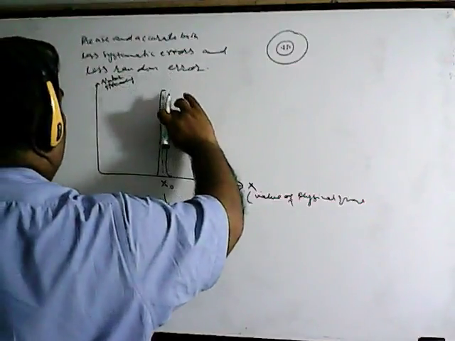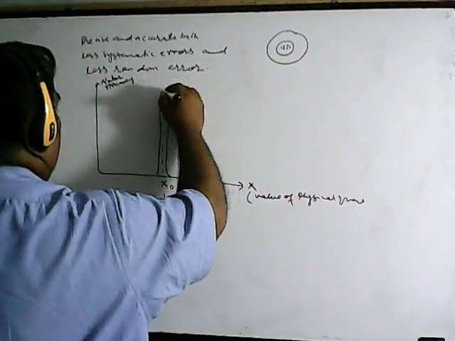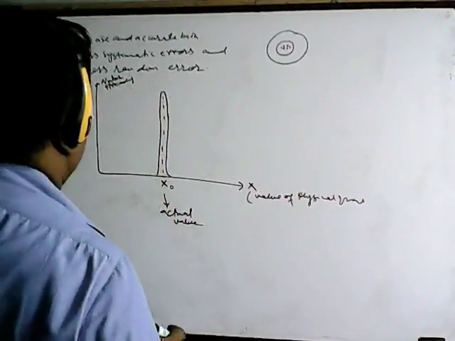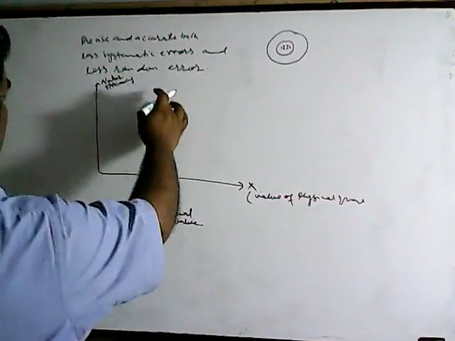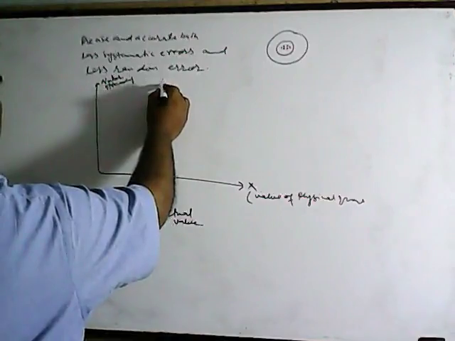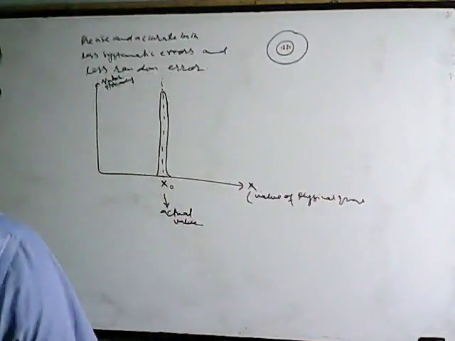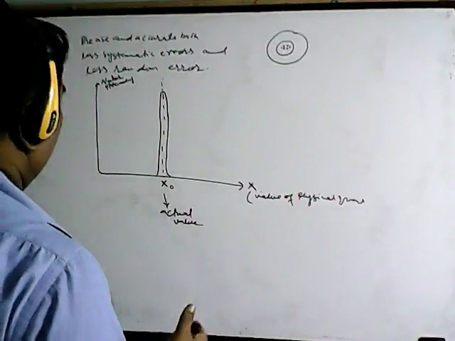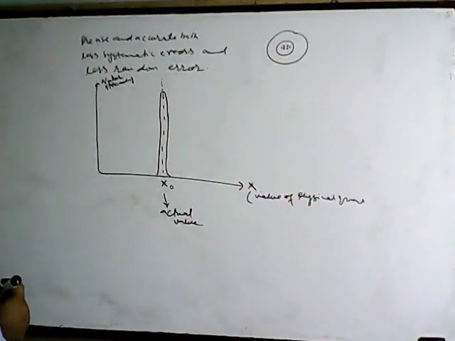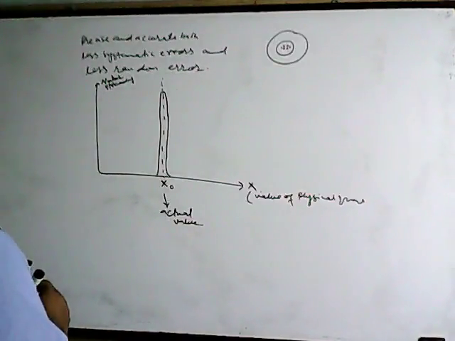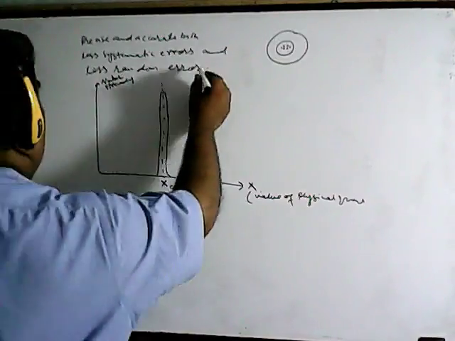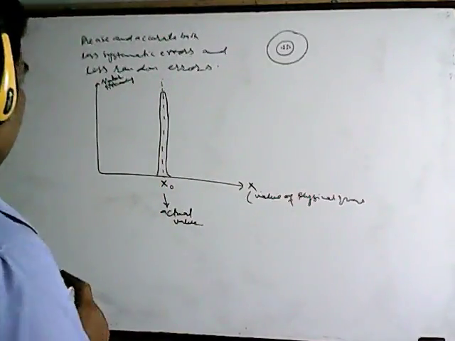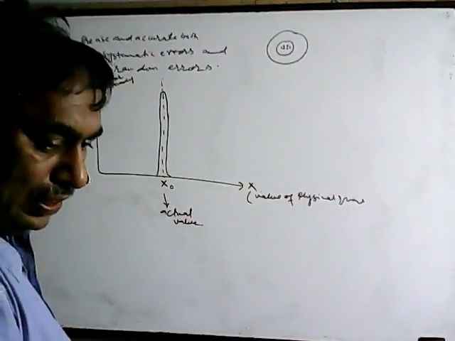Mudassir's readings will give a narrow loop, and this is symmetrical about this line. Hence I can say Mudassir is precise and accurate both, or he has less systematic errors and less random errors.